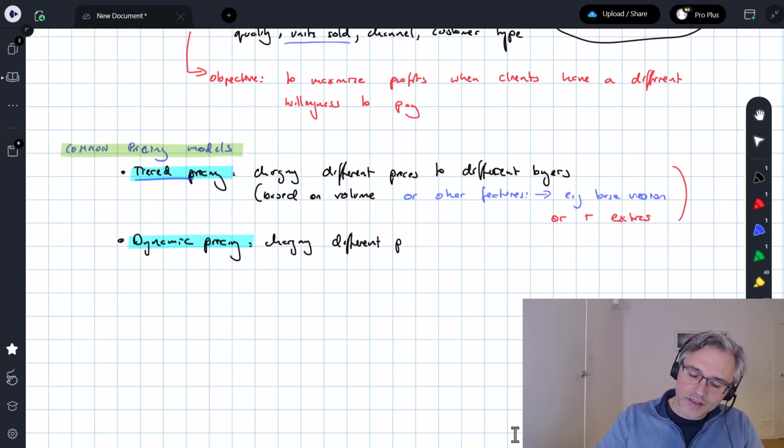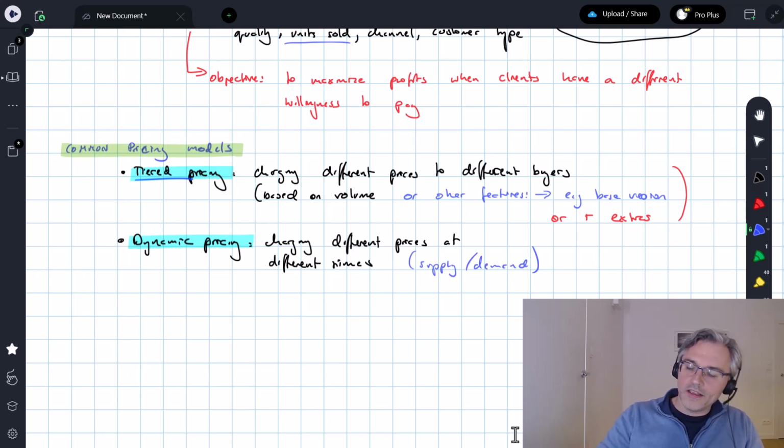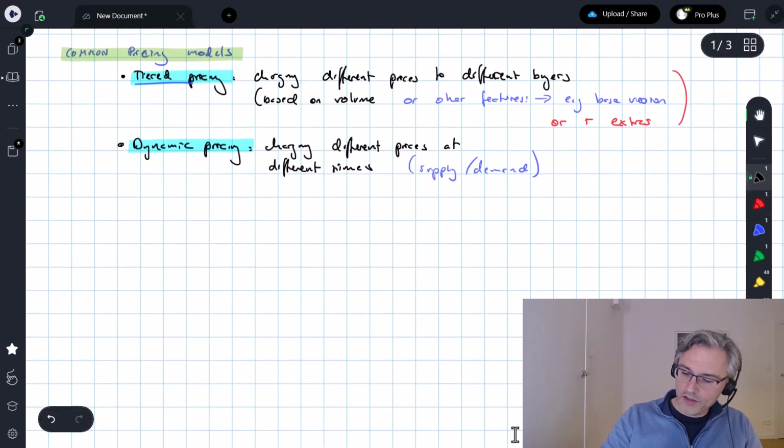Different prices at different times. And what's special about different times is the supply-demand equation. So you may, for example, get electricity to your house cheaper in the night because there is less demand for it from businesses and generally from everybody.